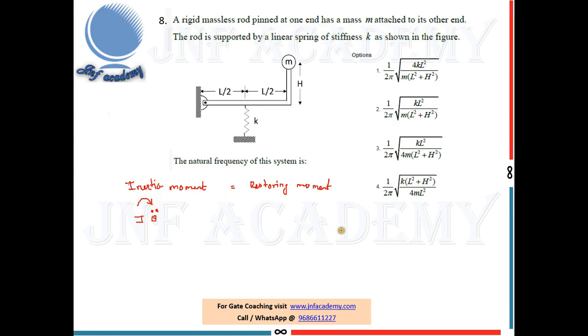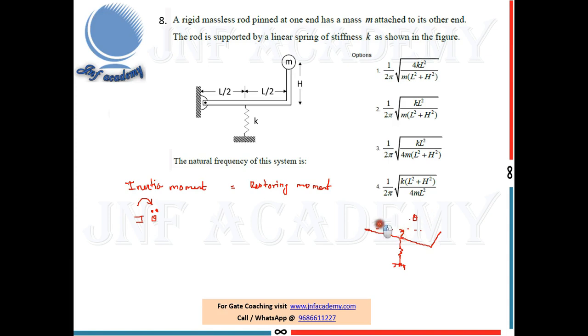So if it is moving in clockwise direction, the rod will look like this, right? Here we fix it with the spring. So this will be the angular displacement theta.